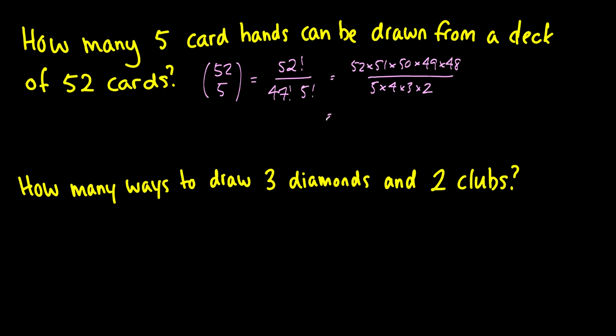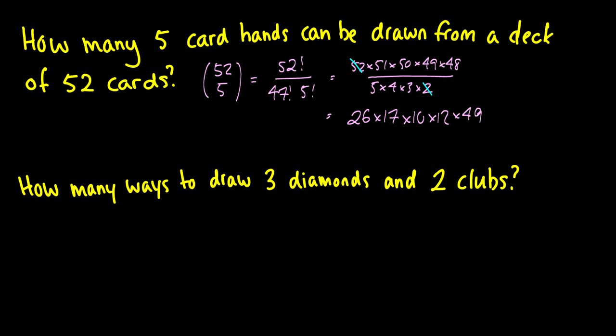However, we can simplify. We can do 2 into 52, so this will be 26 after we simplify the first two. Then we can do 51 divided by 3 is 17, 50 divided by 5 is 10, 48 divided by 4 is 12, and then we have this ridiculous 49.